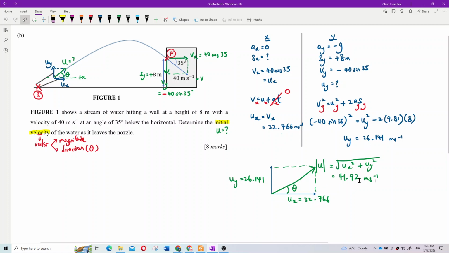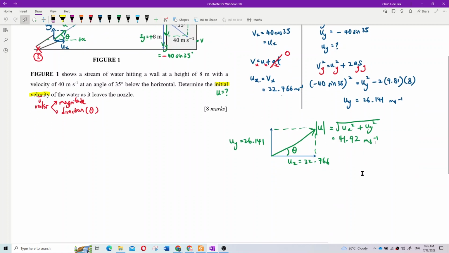All right. So what's the direction? Okay, so this is the magnitude. About the direction. The direction is uy over ux. Oops. So anti-tangent later on.